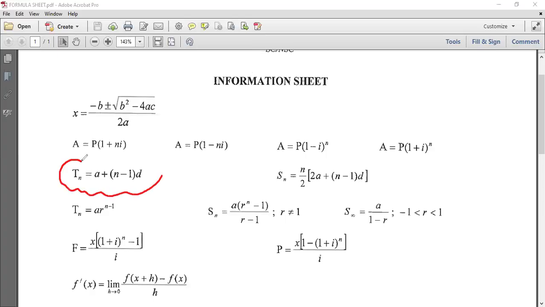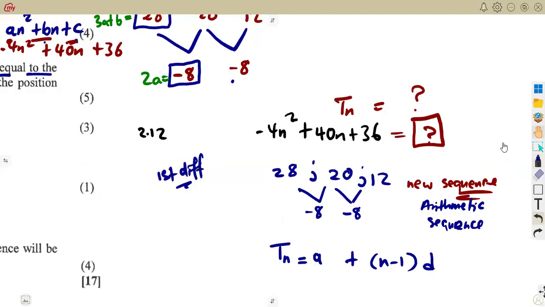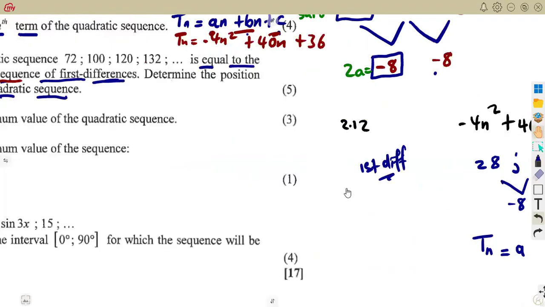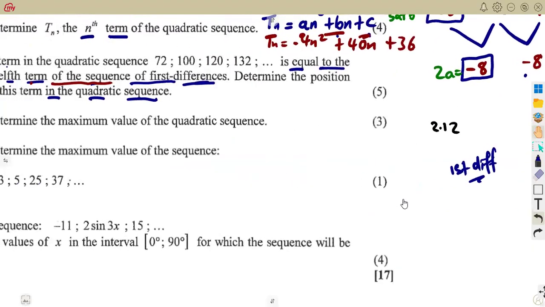This is for a linear Tn. Then if you are dealing with a geometric, that is different. So in this case, we are dealing with an arithmetic, for a linear. That is the formula to represent the nth term, Tn. This is for the nth term. This is the one that we are told here, because we need that.